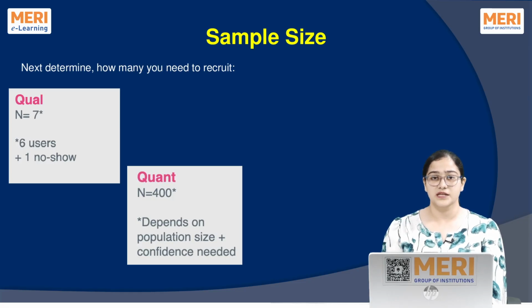Next is determining sample size. Qualitative research focuses on depth, not quantity, while quantitative research focuses on patterns and statistical significance. Choosing the right sample size balances time, cost, and insight quality.